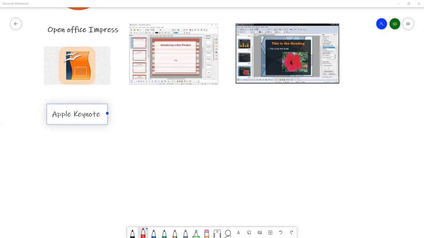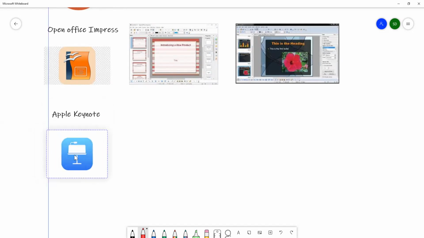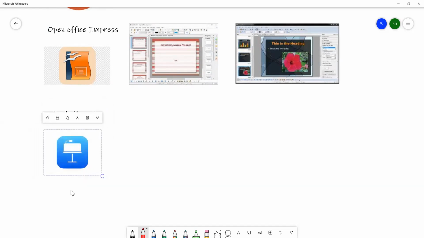So you will get the logo, something similar to this one. In Apple, you will see this. And it's really nice presentations, because you know, Apple is quite popular for graphics.